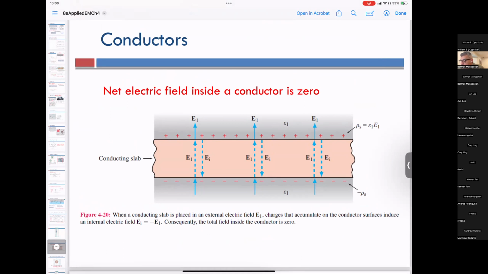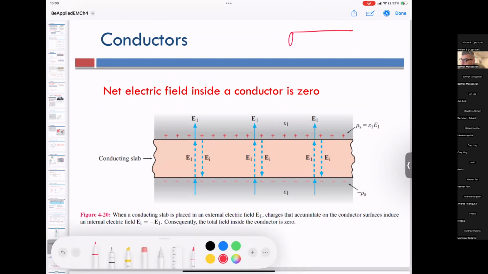This ends up being very confusing, because usually we think about how we get current on a conductor: I'm putting a voltage difference between two points, which creates an electric field through that conductor, and that gives me a current.